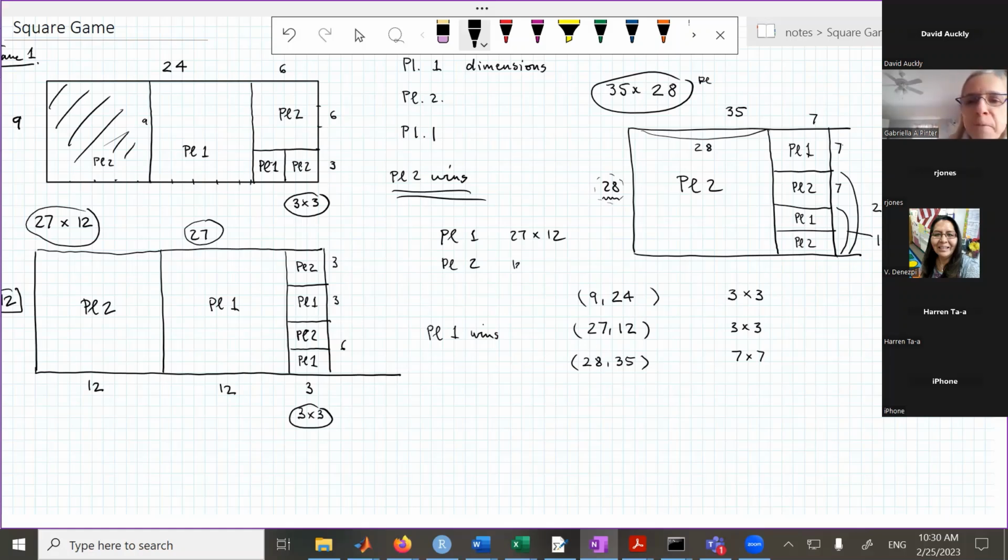So there is something about these numbers here. Many of you are saying in the chat that it's somehow connected to multiples and divisors. And indeed, 3 divides both 9 and 24. 3 divides 27 and 12. The 7 divides both 28 and 35.